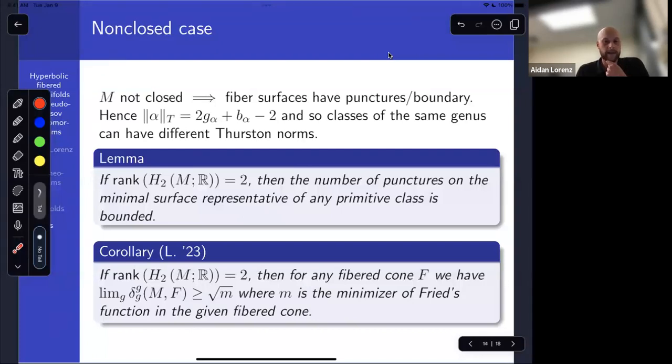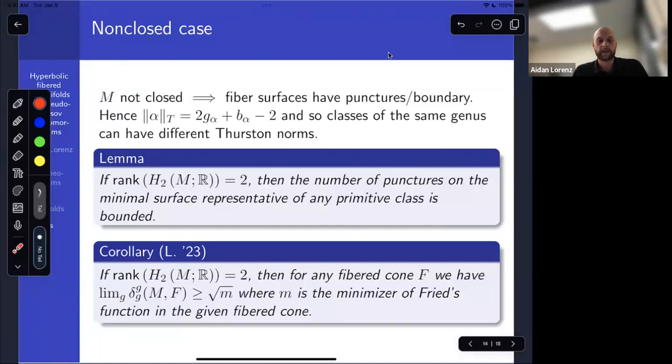And a corollary of that, it's not exactly an obvious corollary, it takes a little bit of work, is that the limit of these delta G MF to the G quantities is at least bounded below by the square root of the minimizer of Freed's function. I suspect the reverse inequality is true, and I think I can almost prove it, but not quite.